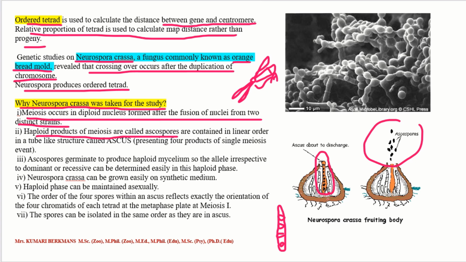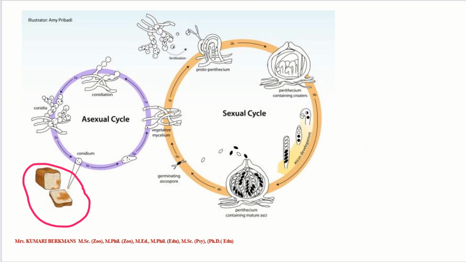These ascospores germinate to produce the haploid mycelium. You can see this here. This cycle is called the sexual cycle, and this is called the asexual cycle. That is, fusion of conidia forms the ascus. So that is called the sexual cycle. And here, these spores form the vegetative mycelium.